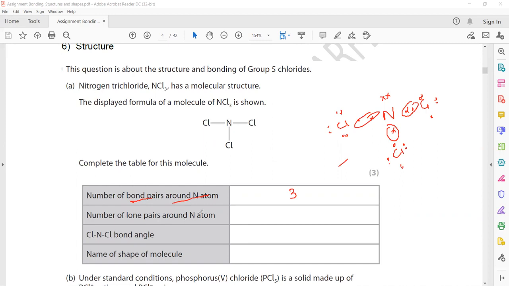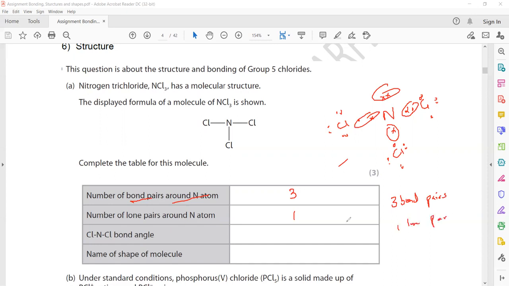Number of lone pairs around nitrogen: there is only one lone pair. The bond angle for Cl-N-Cl: to work out the bond angle, we check how many bond pairs and how many lone pairs there are. There are 3 bond pairs and one lone pair.